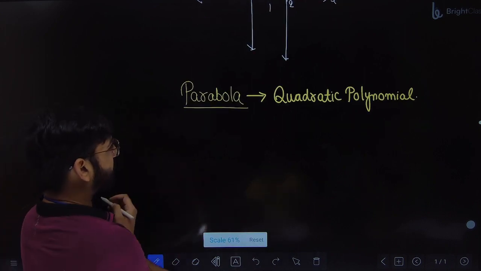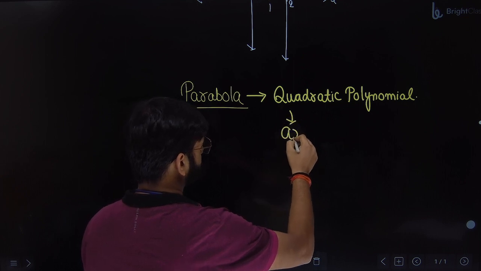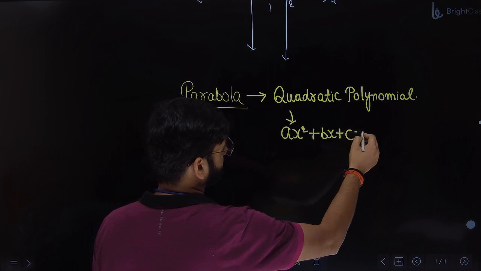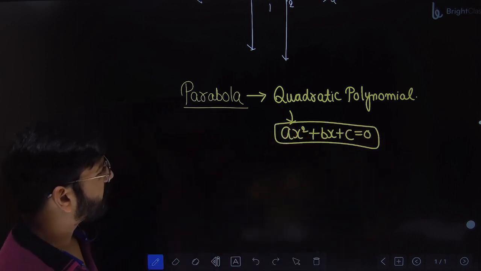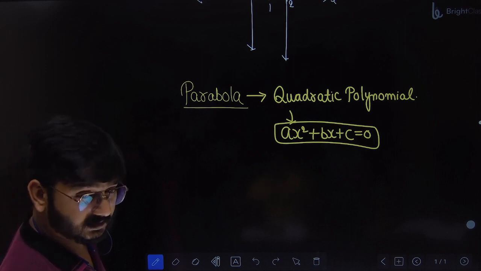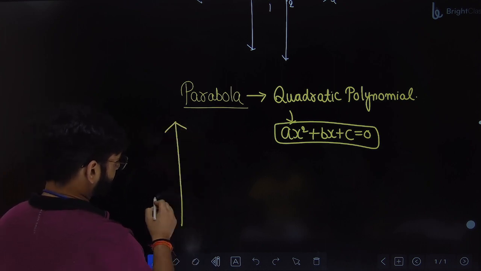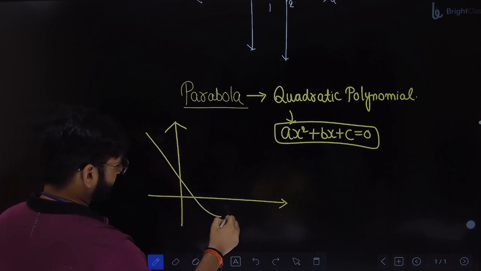So how do we write a standard quadratic polynomial? Correct. Good. So A is the coefficient of x square, B is the coefficient of x, and C is the constant. Now, just observe this parabola.